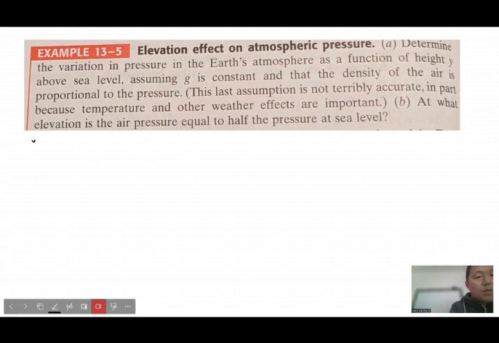So the density of the gas, which is air in this problem, is proportional to the pressure.